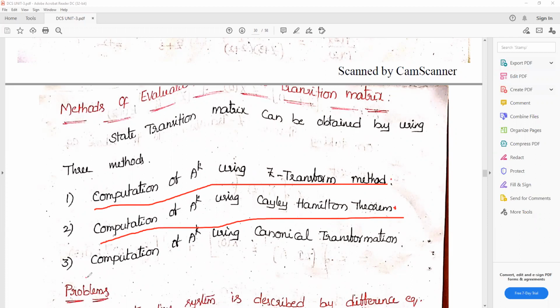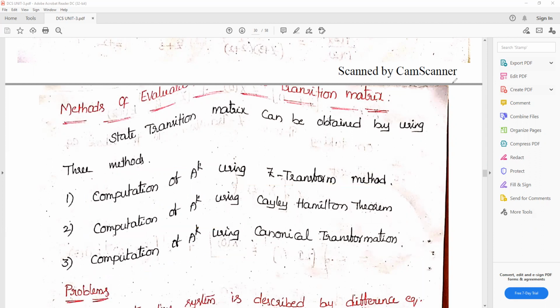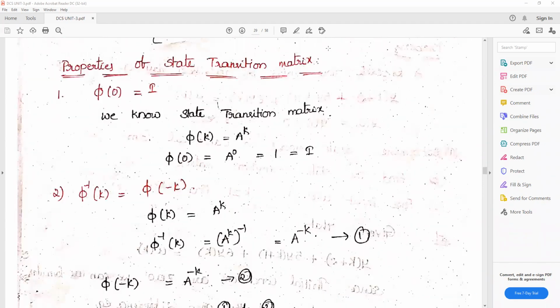Third one is computation of a power k using canonical transformation. So 3 methods to evaluate the state transition matrix. First method is the Z transform method, second is the Cayley-Hamilton method, third is canonical transformation. Okay, so this is the evaluation of the state transition matrix.